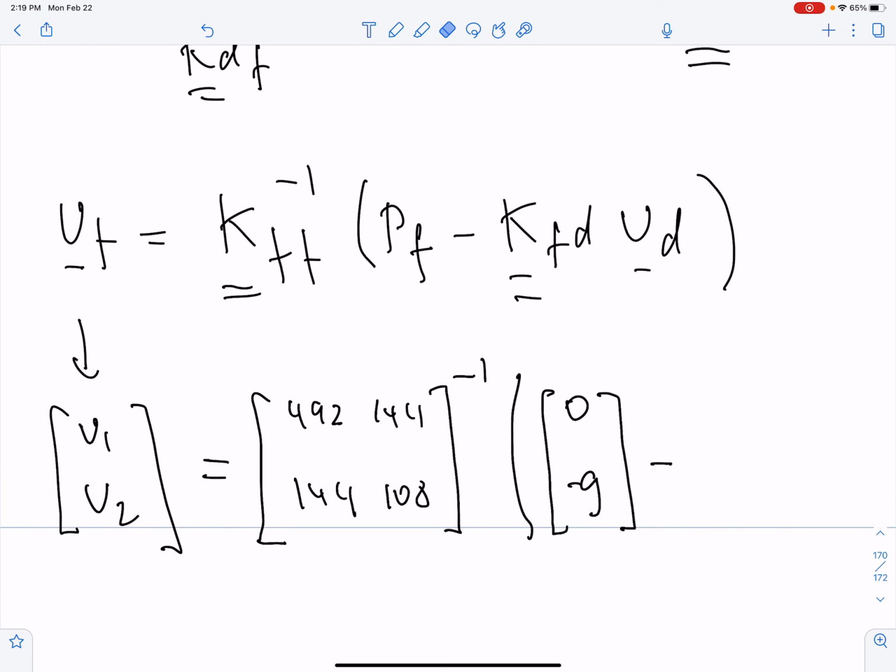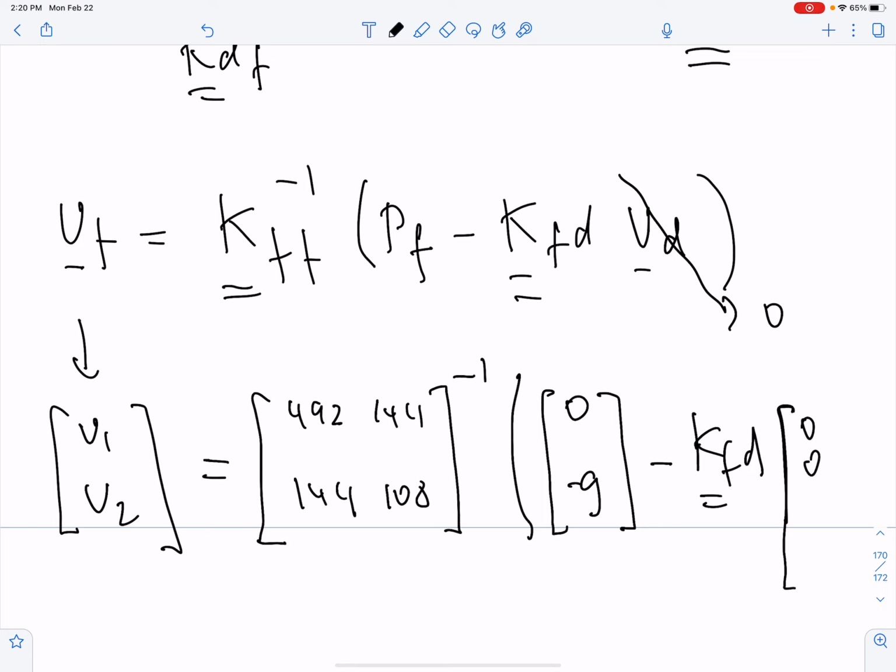And then in our case, UD is exactly 0, because we're prescribing zero boundary conditions. And so whatever KFD is doesn't matter because it will multiply a vector of 4 zeros, okay?